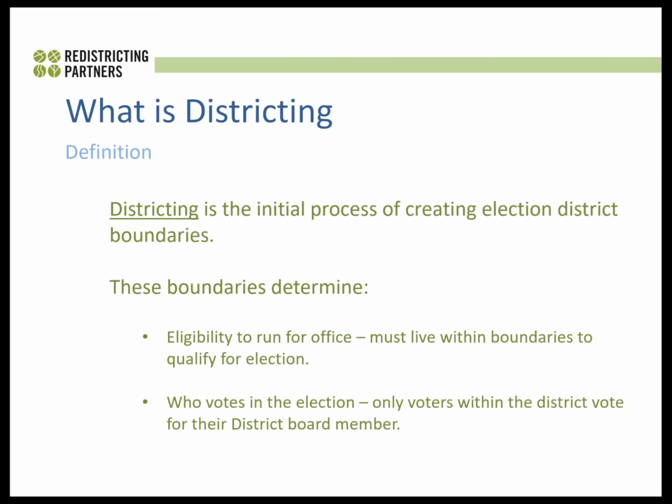However, when you go to a districted system, all of a sudden you have 5 different districts in the sanitary district. So what these boundaries do is it determines 2 things. First, who is eligible to run for office and who's eligible to vote for that position. So in both cases, you have to live in that specific district in order to qualify to run or vote for the person running.